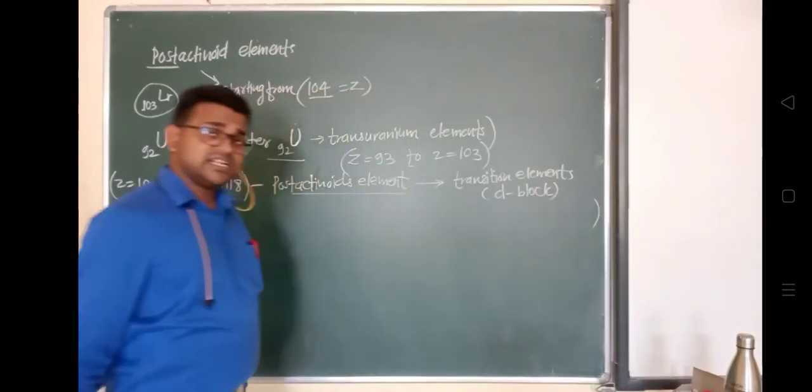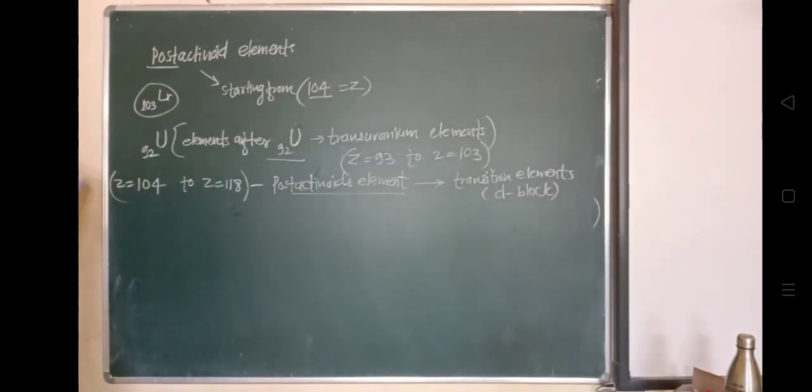So far, 9 post-actinoid elements have been synthesized, with atomic numbers like 104, 105, 106.